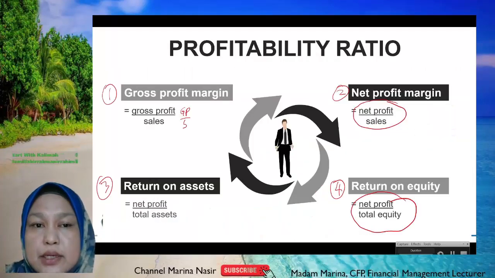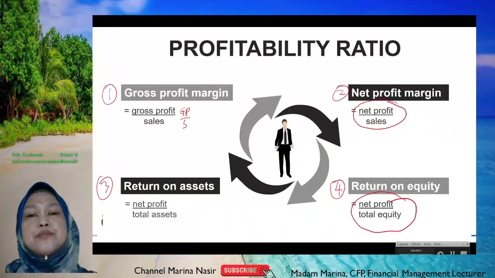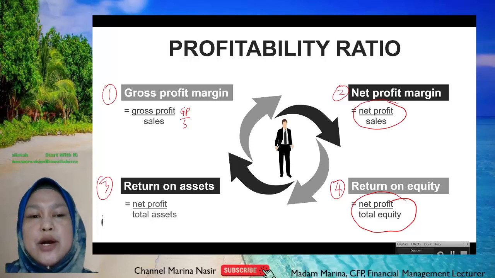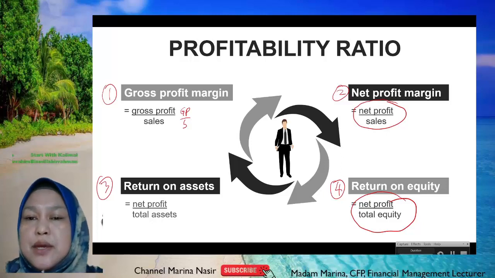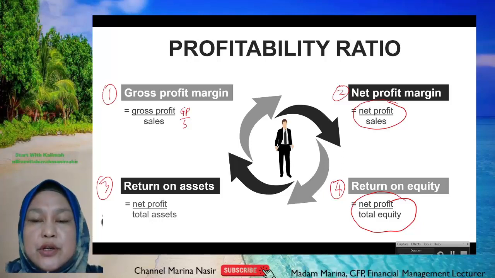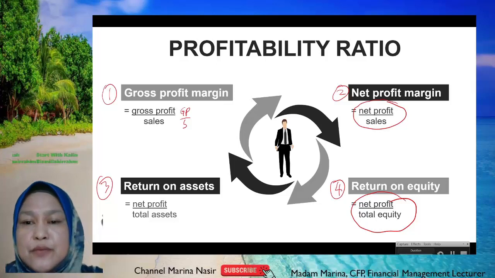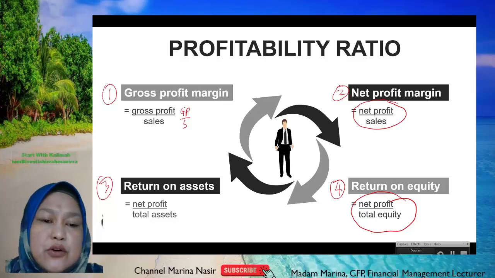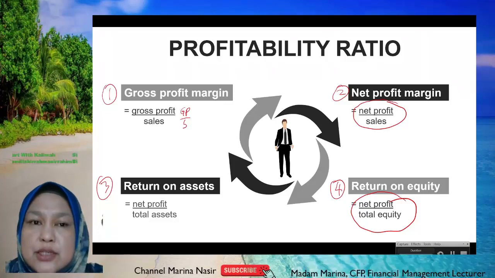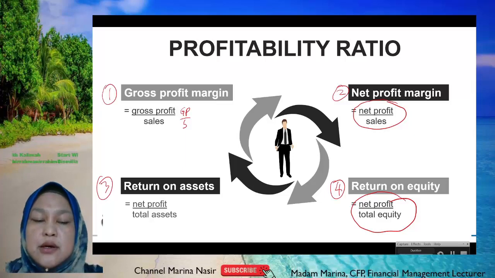I repeat again why we have to calculate the profitability ratio. You want to know either the company is making profit or not, or generate gross profit from the sales and from the total asset and also total equity.